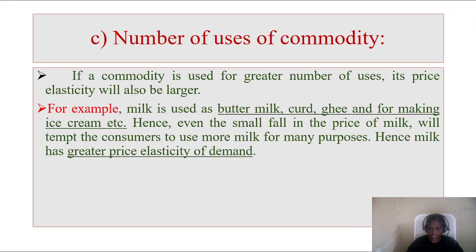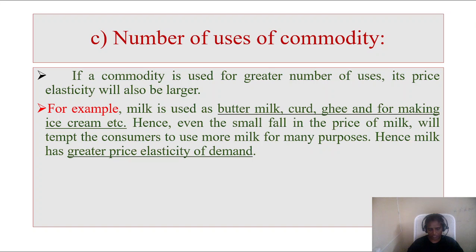The thing is greater or constant or lower; only these things we are studying in each and every determinant. So the number of uses of the commodity also makes the demand for the commodity; at the same time, the price also matters. This holds for any basic commodity, not only milk, like the vegetables we use in our daily life.